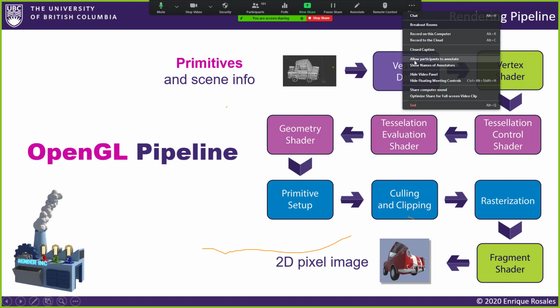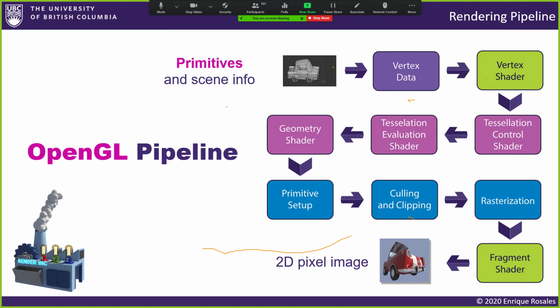It says show names of annotations. That means that we can know who was the person who did this. Now again, I am assuming that it was by accident. But I wanted to erase this thing. Ah, damn. Okay, doesn't matter.